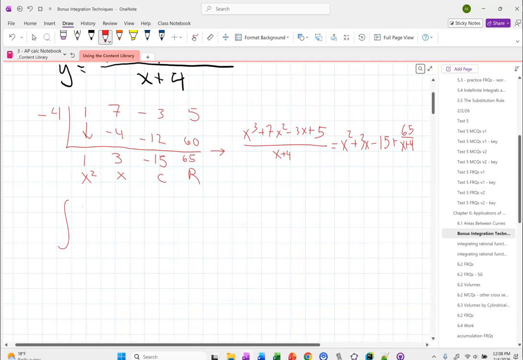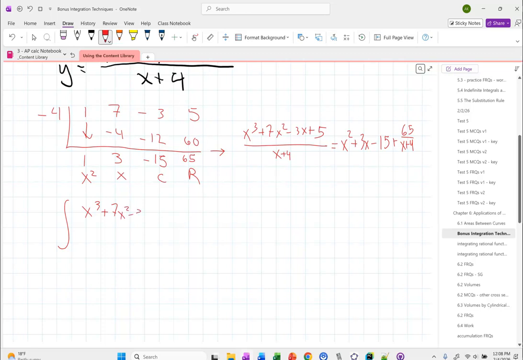So remember, we want to talk about integration technique here, being able to integrate these things. If I wanted to integrate that function the way it's currently written, there's nothing to do. I have no antiderivative formula to handle that. It's a big old mess.